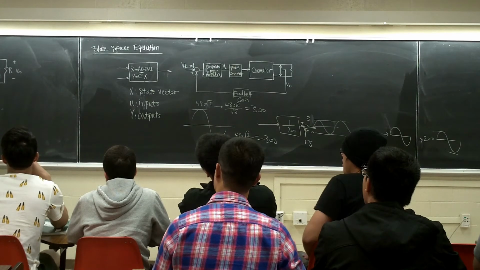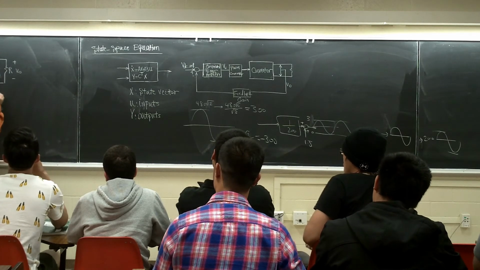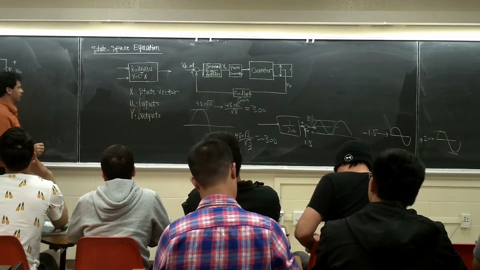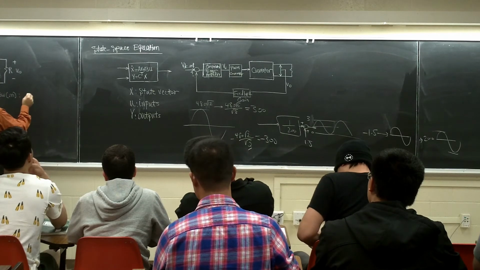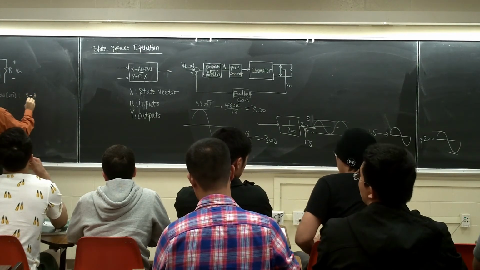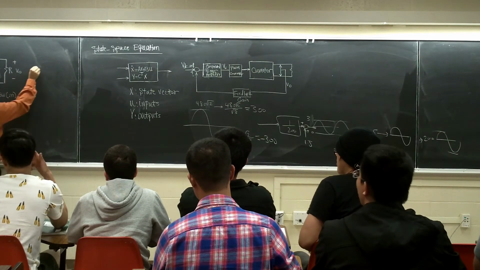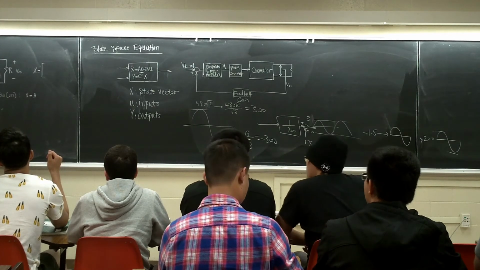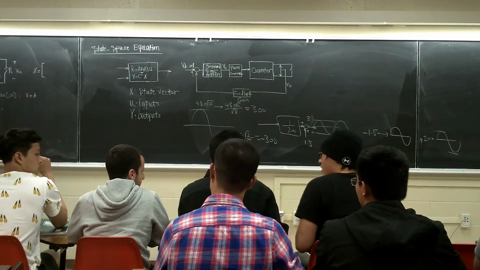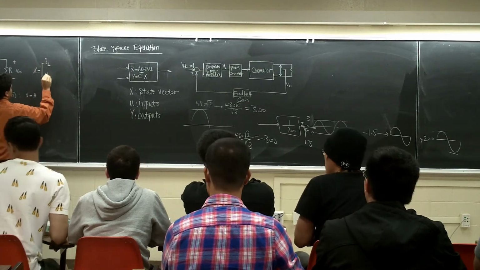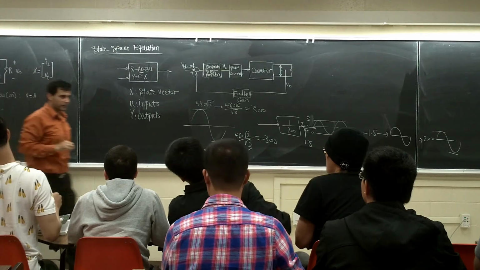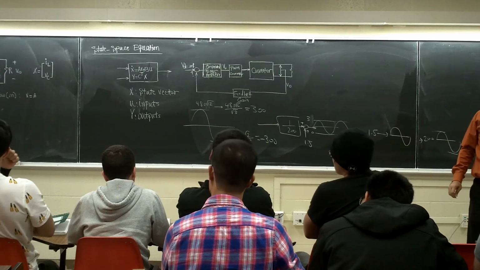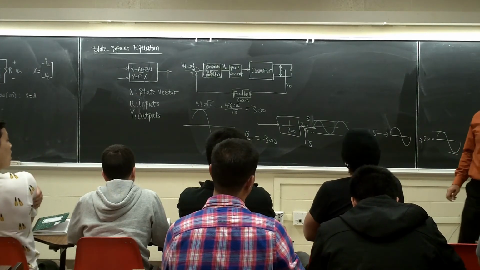So let's say the switch is on. Let's say I calculated my equation. I call it X. X in this circuit is IL and VC. The inductor current and the capacitor voltage are the state variables. You should know this from circuit theory.